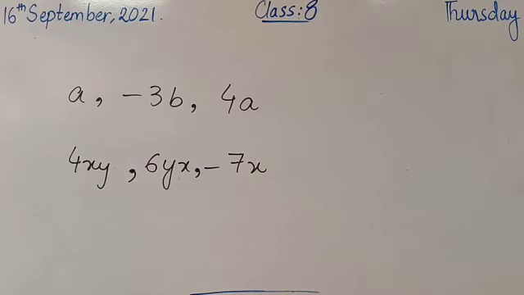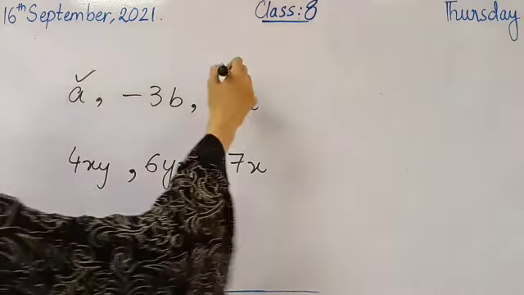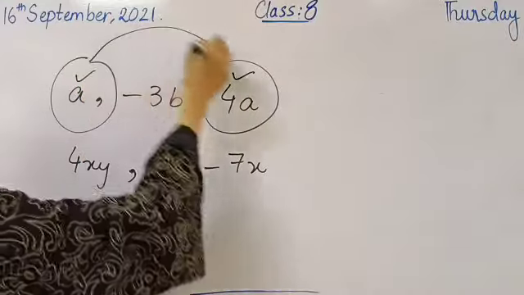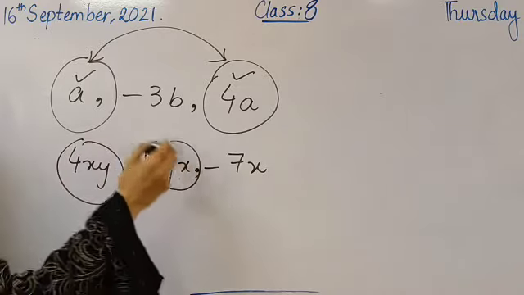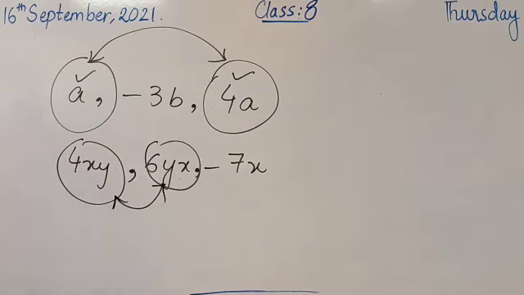Are they all like terms? No. But we can say that these two terms are like terms because they have the same variable. Now tell me the like terms in the second expression. Good. 4xy and 6yx, these are two like terms. So this is how you will find out the like terms and unlike terms.